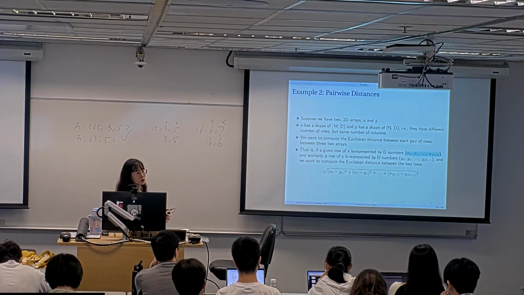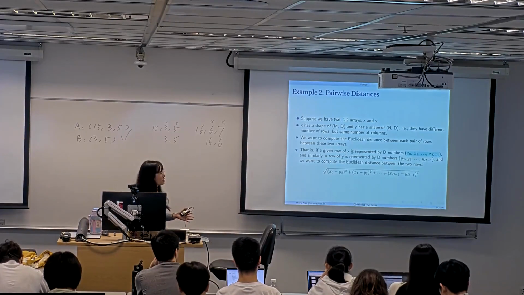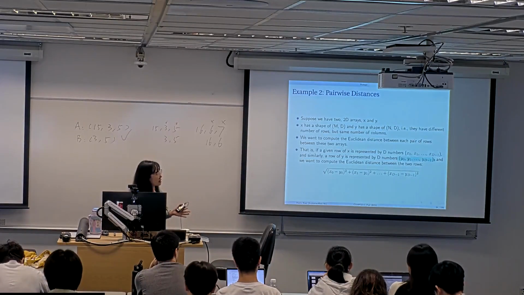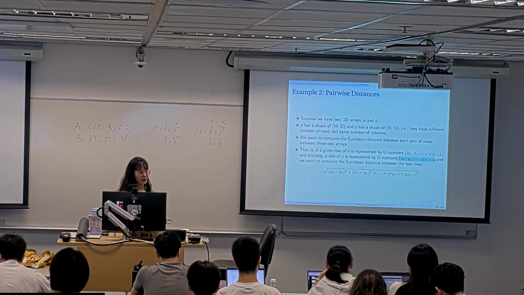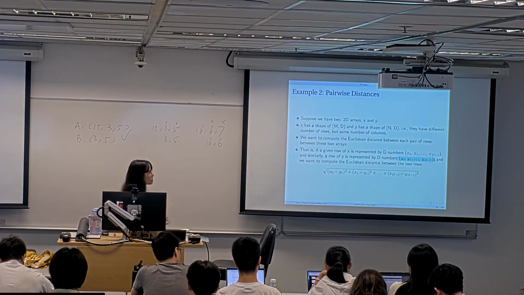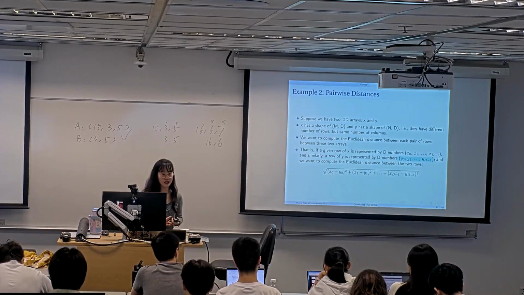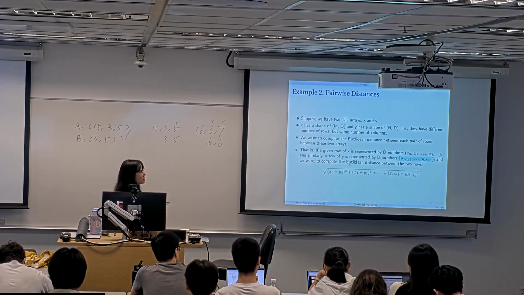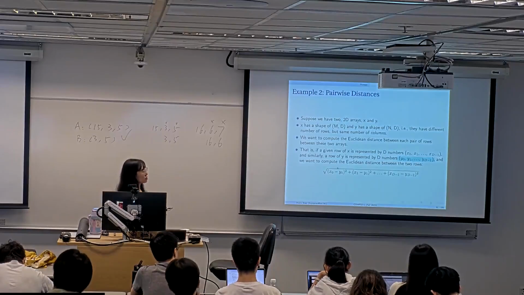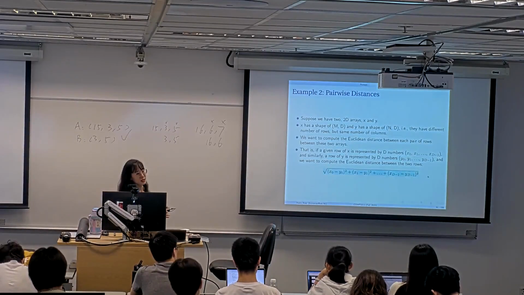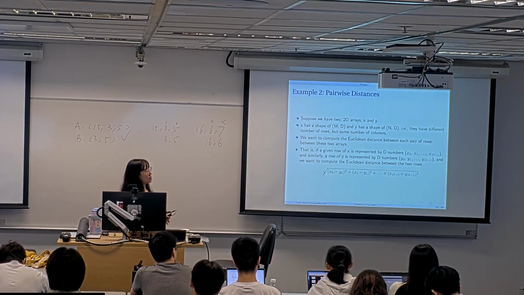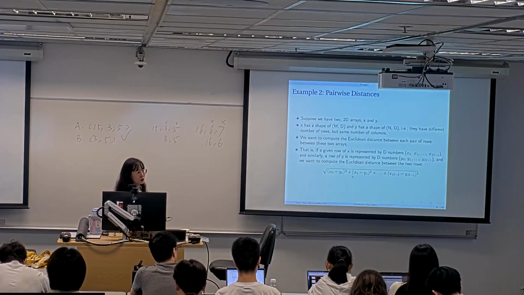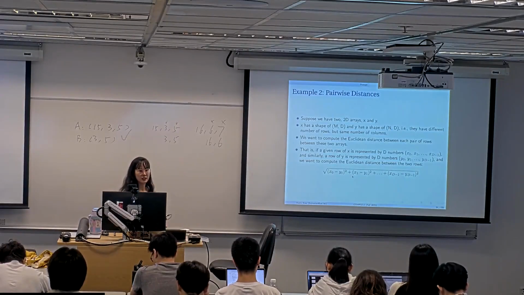And similarly, we represent a row of y by another d numbers, y0, y1 until yd minus 1. This is just we extract one row from x, one row from y, then the Euclidean distance between the two rows should be computed using this formula. Right? According to the Euclidean distance definition, it should be the square root of the sum of the square of their difference.